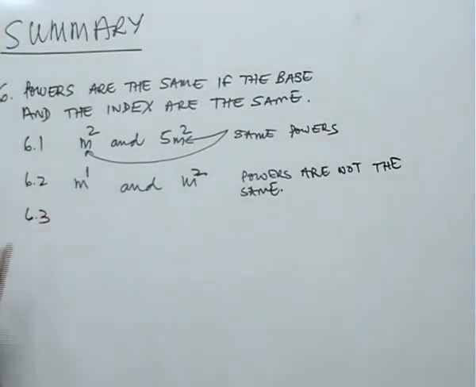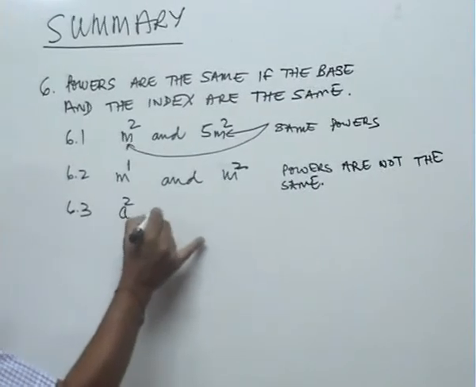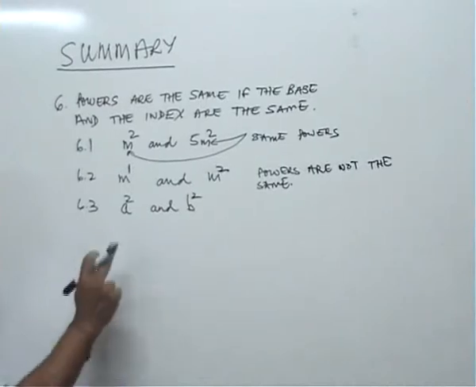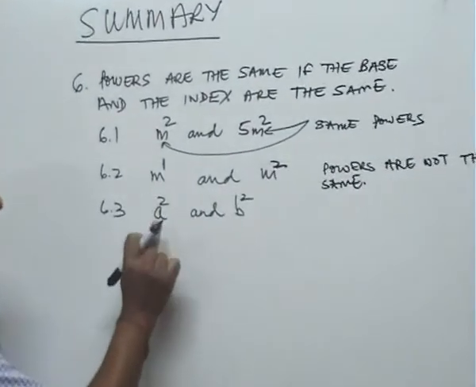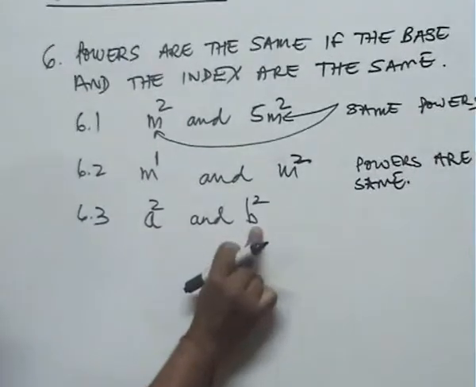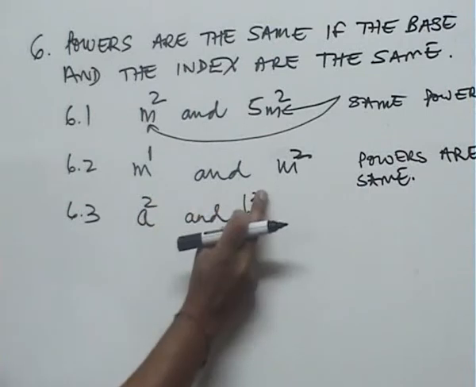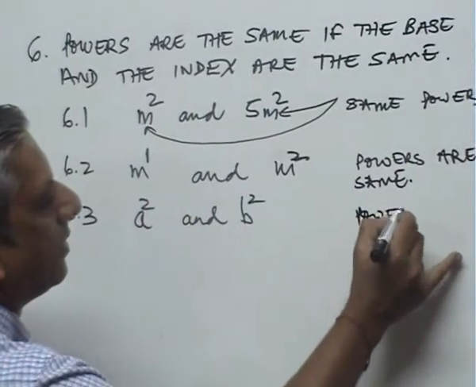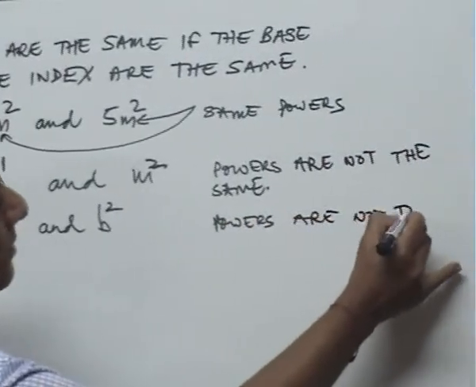Then we look at another example, a squared and b squared. Clearly, for equal powers or same powers, the bases must be the same and the indices must be the same. Here the indices are the same, but the bases are not the same. So these powers are not the same.